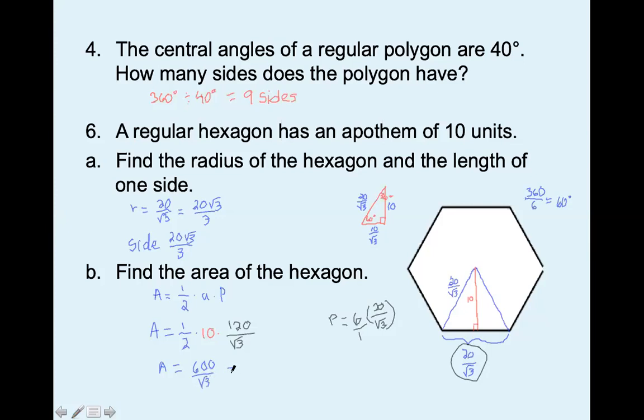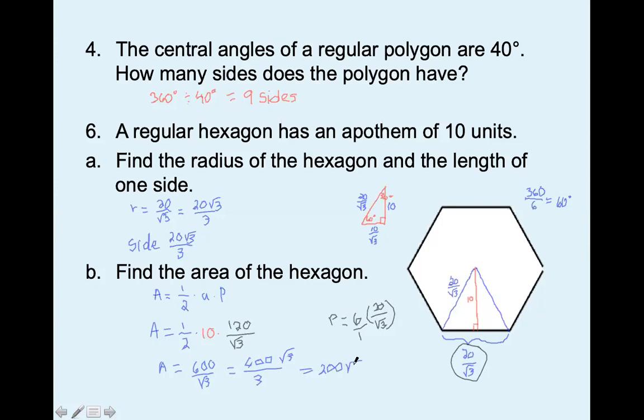Okay, if I simplify that by rationalizing, I'd have 600 times the square root of 3 over 3. 600 divided by 3 is 200, so 200 times the square root of 3 units.